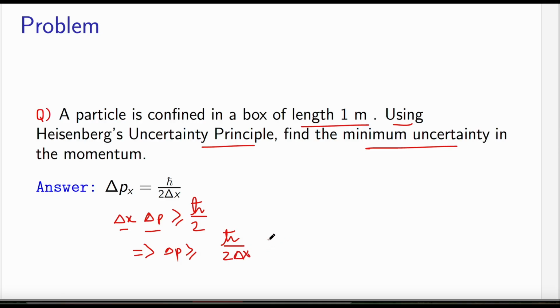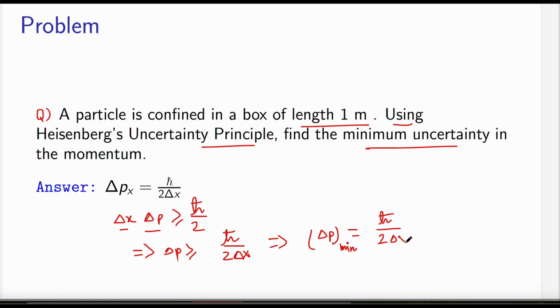That is the minimum uncertainty. So delta p minimum, that is the minimum uncertainty that will be there. It can be more than that, but the minimum will be equal to h bar by 2 delta x.